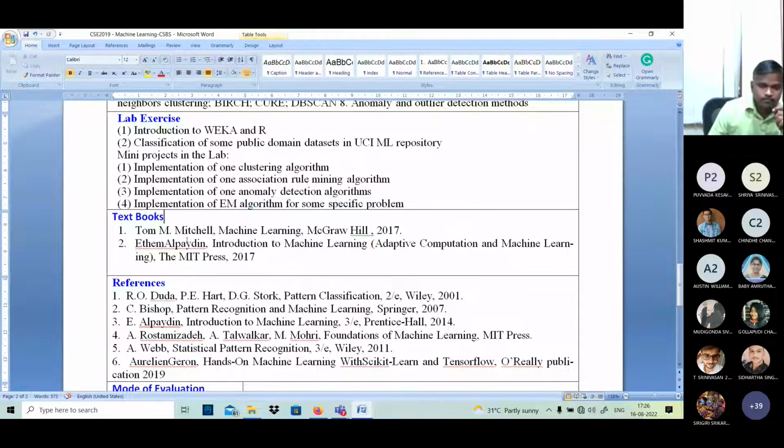To learn about these concepts, one specialized book is written by Tom Mitchell, titled Machine Learning, published by Tata McGraw-Hill in 2017. Another textbook is Ethem Alpaydin, Introduction to Machine Learning, published in 2007 by MIT Press.